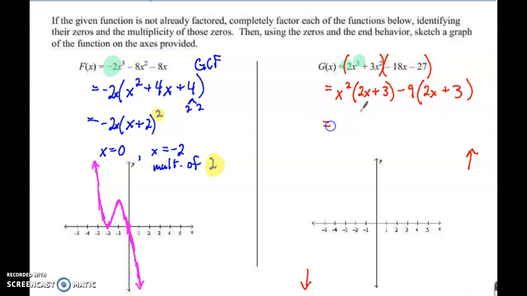And I know I did that correctly because then I could rewrite that as x squared minus 9, and then 2x plus 3. I hope you remember this from Algebra 2. And I would actually notice the difference of squares at the front. We have an x plus 3, x minus 3, and 2x plus 3.